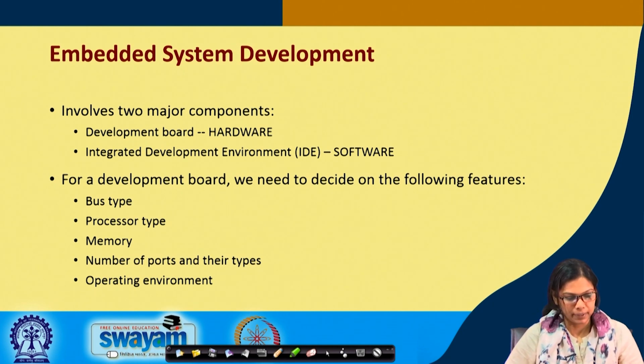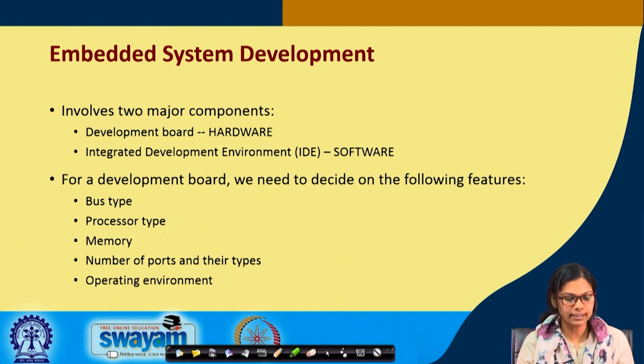Embedded system development. When we talk about this embedded system development, this involves two major components. What are those? One is the development board, that is the hardware that is required, and another is integrated development environment. We call it IDE, that is the software. So, basically when we think of designing a system, then these two things are required.